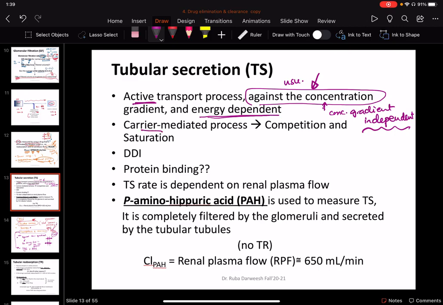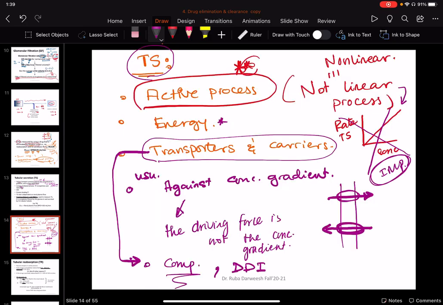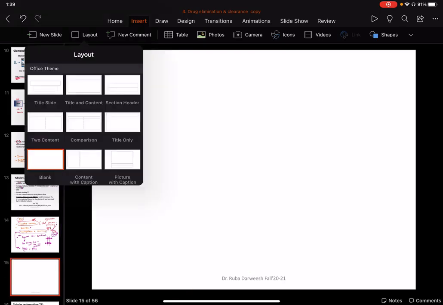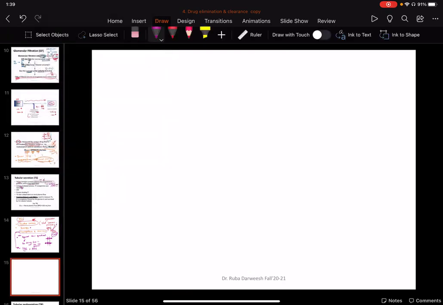Okay, it's carrier mediated. That's why we have competition and saturation. What we mean by saturation, which you already know, we will talk about pharmacokinetically. When we are talking about tubular secretion, it's a saturable process, and as we mentioned, a site of competition, a drug-drug interaction site.